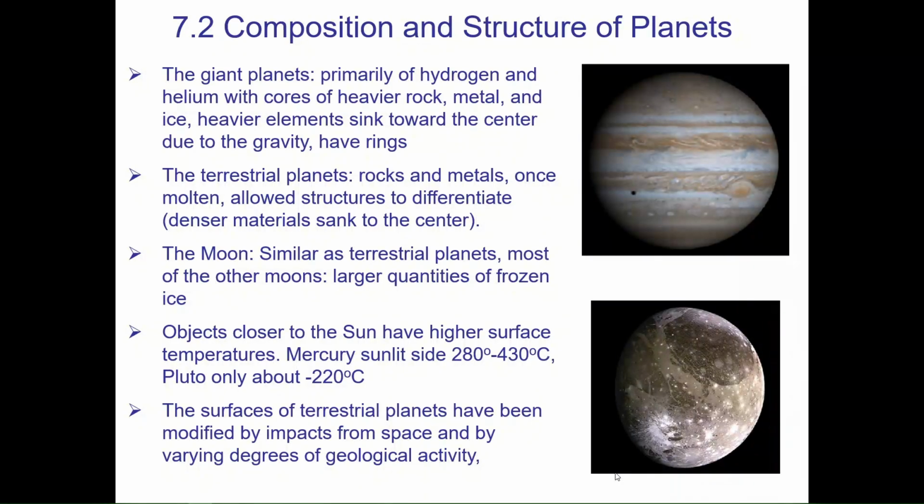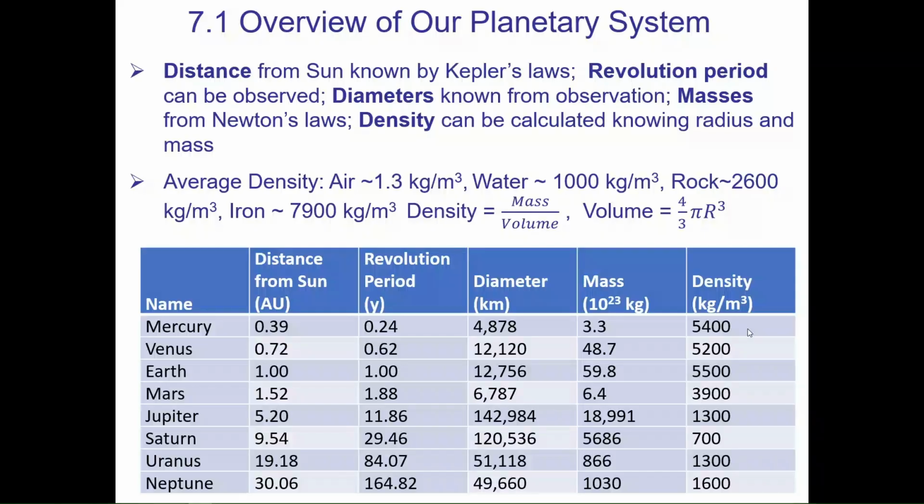Because if they were made only from gas, even gas under very high pressure, the density of the giant planets, as you can see from previous slides, three of them are all over 1,000.